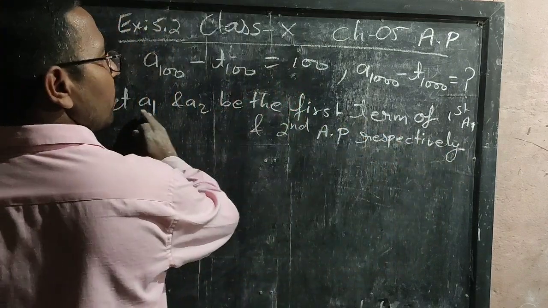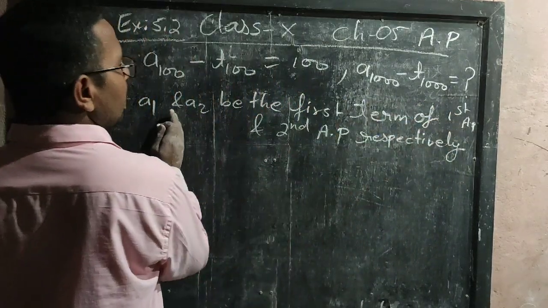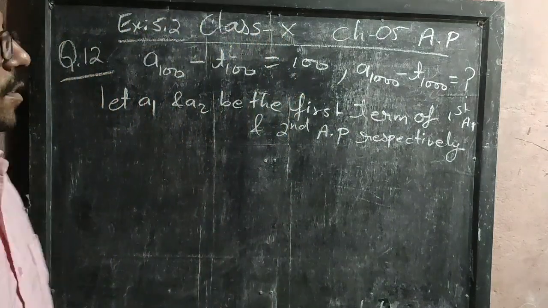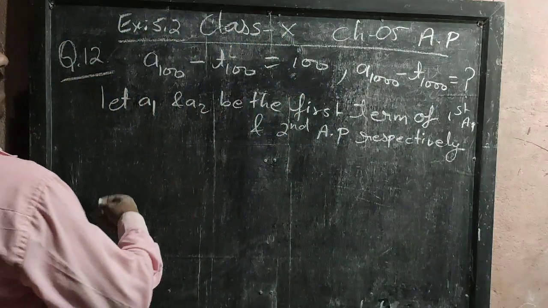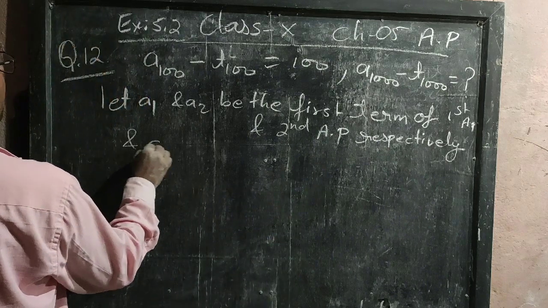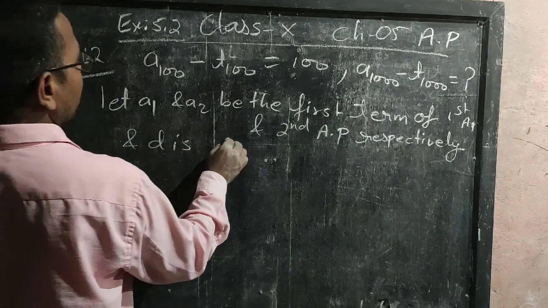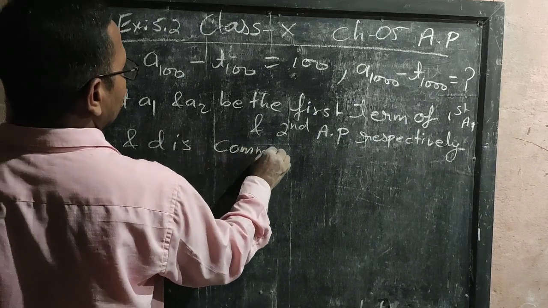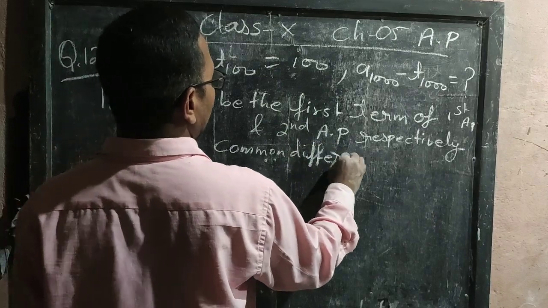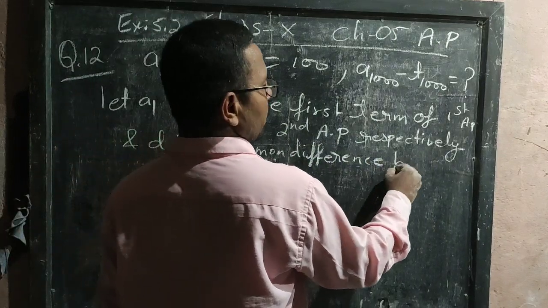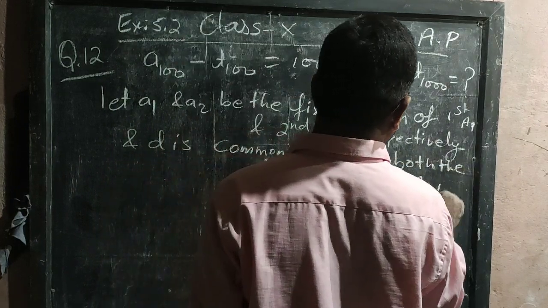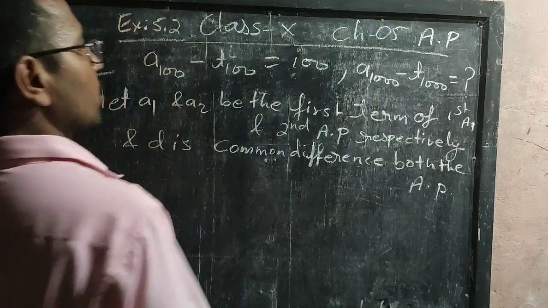That means A1 is the first term of the first AP and A2 is the first term of the second AP. Yes, students? And let D be the common difference for both the APs.